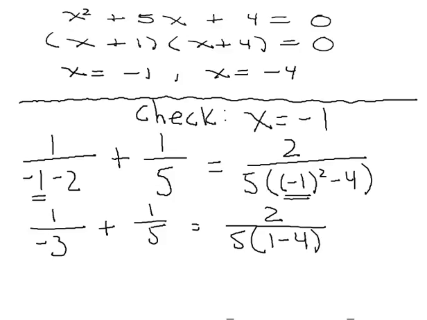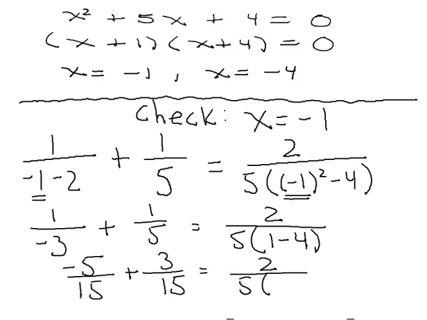And then if we simplify on the left-hand side, we need to find a common denominator, which we can see will be 15. So negative 1/3 will turn into negative 5 over 15. And 1/5 will become 3 over 15. And on the right-hand side, we will have 2 all over 5 times the quantity negative 3.